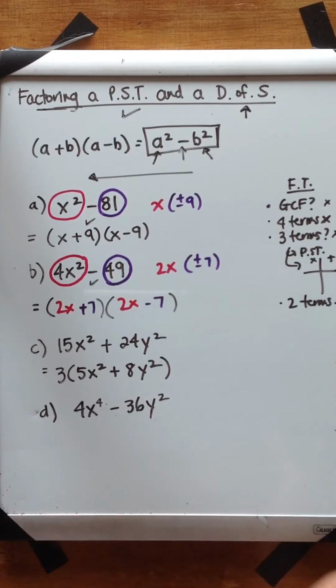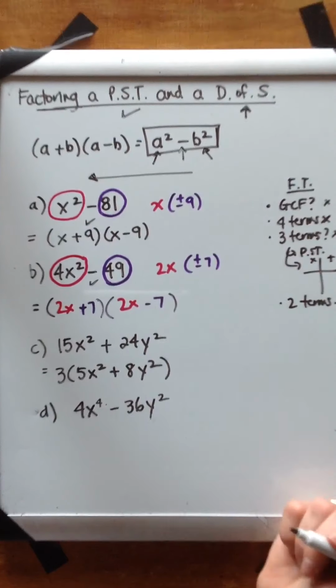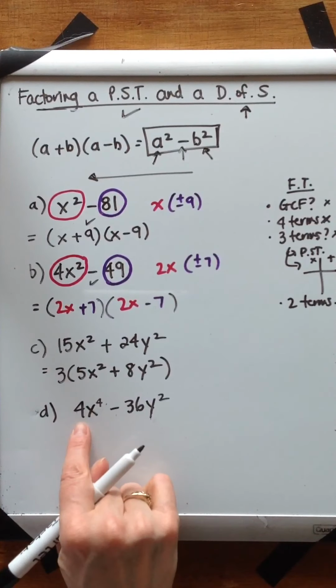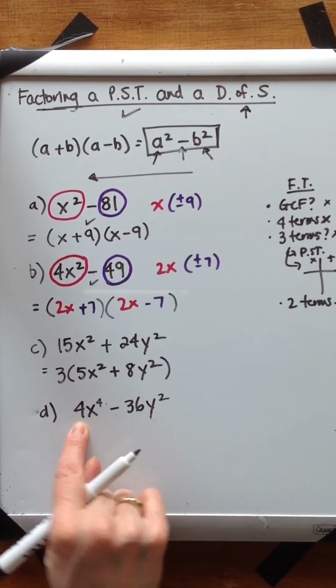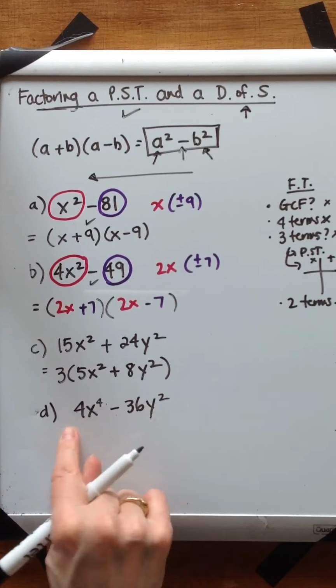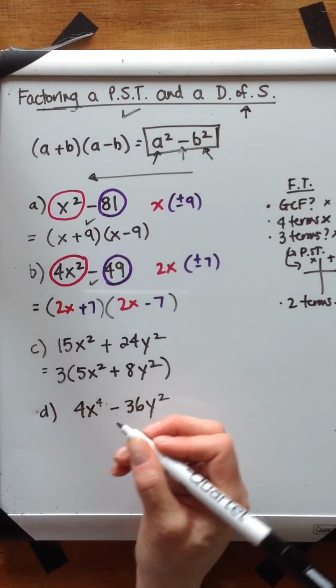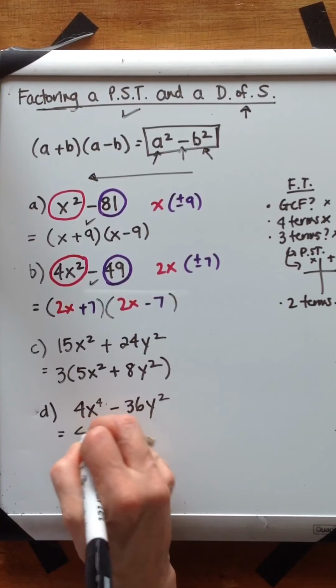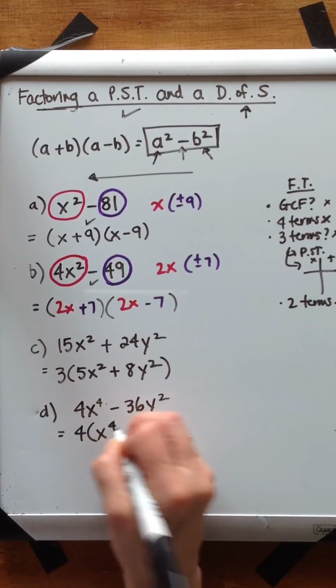And if you're asked to factor this, what are you going to do? Again, you're going to go through your checklist. Is there a greatest common factor? Well, I can take 2 or 4 out of here, and I can take 2 or 4 out of here. I'm going to choose the larger of the two because that would make it the greatest common factor. So let's take the 4 out.